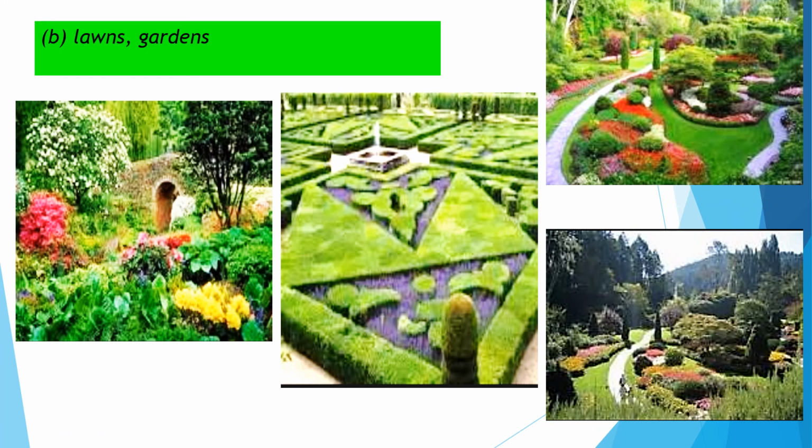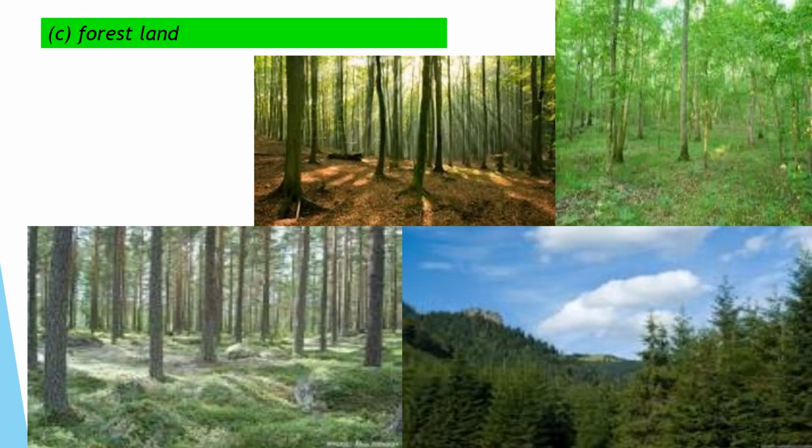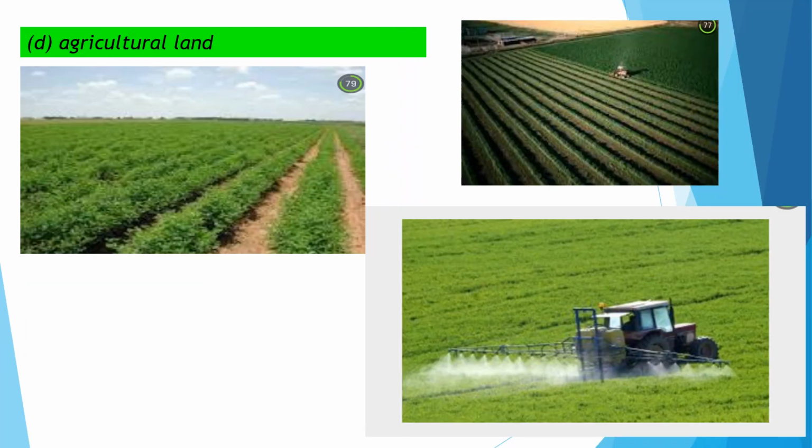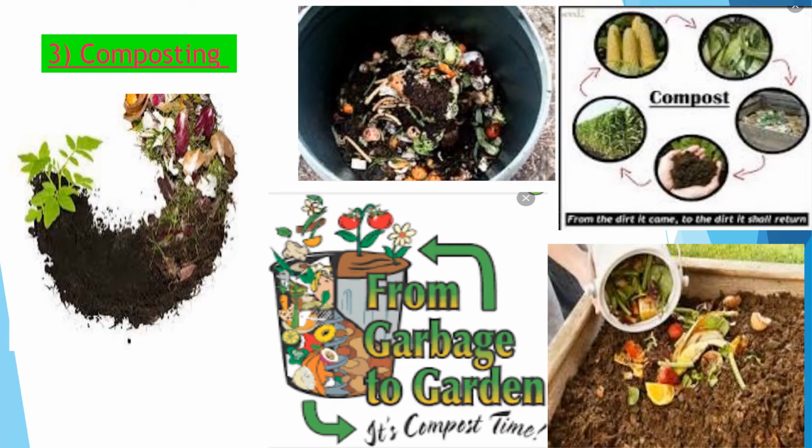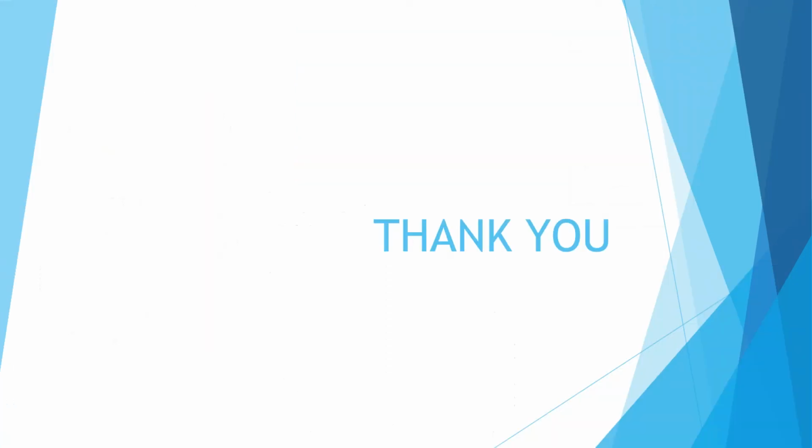And then there are lawns and gardens, forest land, agriculture land, and the last one is composting. Some of the treated sludge, which contains higher nutrients, might be used as compost for plants. Okay, that's all from me.